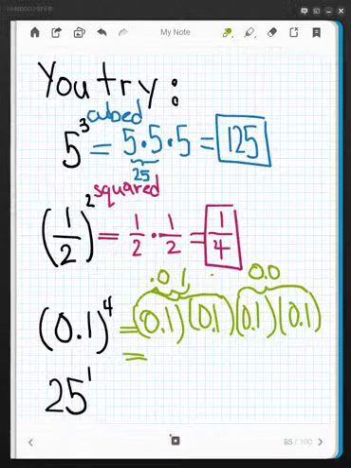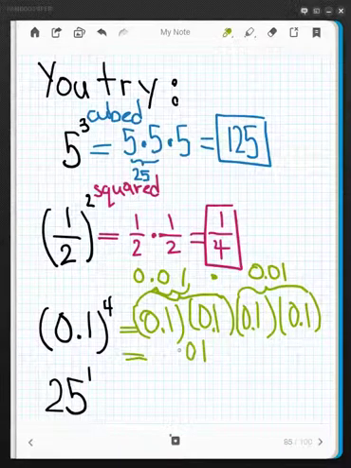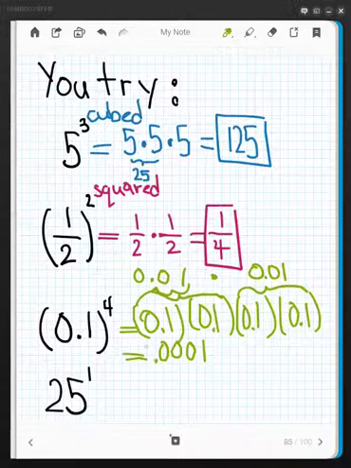That's also going to give us 0.01, or 1/100th. And then we'll multiply 1/100th times 1/100th. Ignore the decimals again, 1 times 1, which is 1, and then we need 1, 2, 3, 4 decimal places, and the decimal goes there.